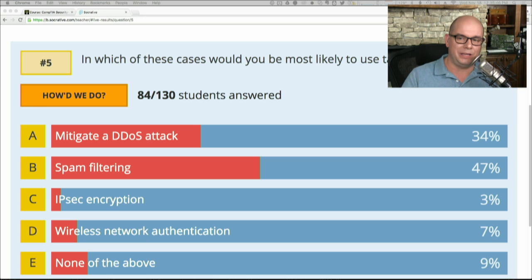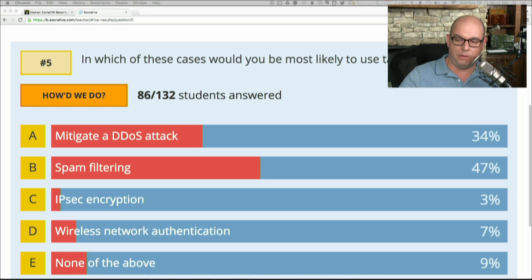This is how you would get rid of that distributed denial of service attack. We have single digits for the rest of these. 9% said it's not any of these, so don't even bother with A through D. It's got to be E, which is none of the above. Would it be wireless network authentication? Nope, only 7% said that, and 3% said IPsec. So it's got to be one of these, and working through these and being able to figure this out.